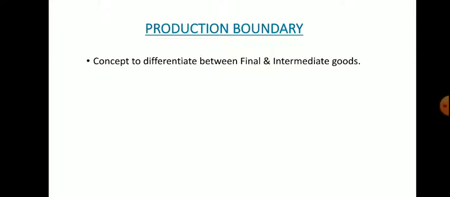So, in case of production boundary, the concept has come only to differentiate between the final and intermediate goods. As I said in the last class, I told you what is final and what is intermediate good. So, how can we differentiate whether the good is final or intermediate?